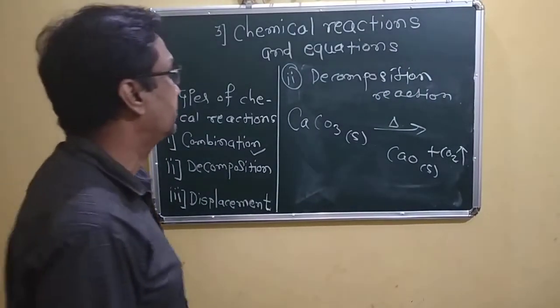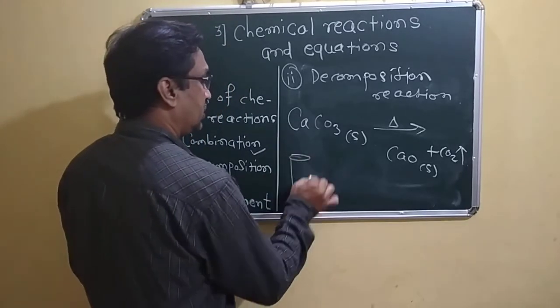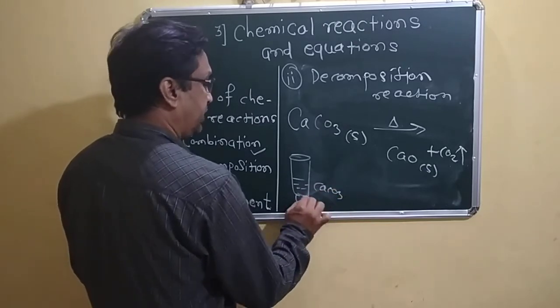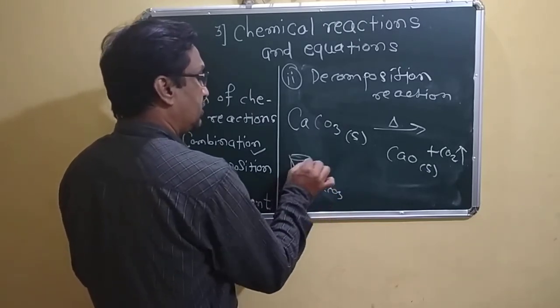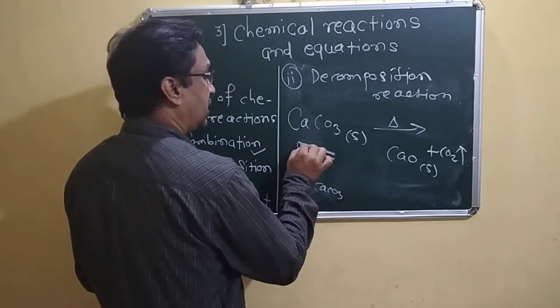What we have to see is that we take calcium carbonate in a test tube and heat it, using a rubber cork and a bent glass tube.